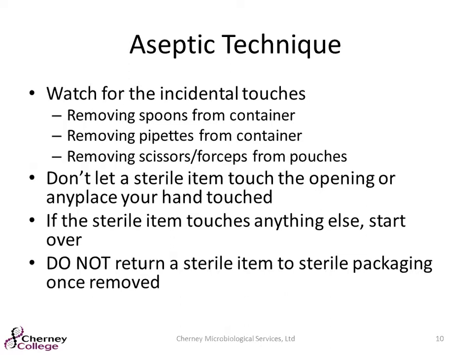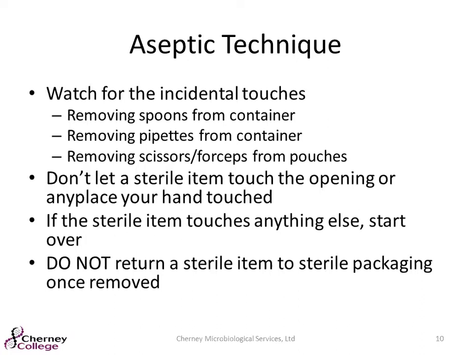Watching for incidental touches is probably one of the hardest parts, because especially for us when we're training, you may not even realize that you're possibly touching something you're not supposed to. So really watch when you remove something out of a package, whether it is forceps, that trier, for us spoons from a container, or taking pipettes out, making sure that you're not touching the insides of that packaging or the parts of the sterile item that are going to actually touch the product itself.